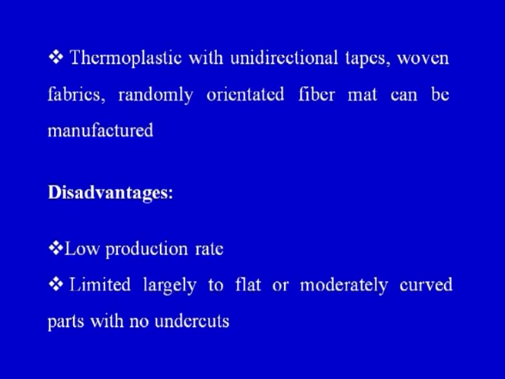So we have to see what the cycle time for making a single product is. It is limited largely to flat or moderately curved parts with no undercuts. So parts with undercuts are a limitation in compression molding, but certainly this process can be used for making parts which are flat or have fairly curved geometries. So these are some disadvantages related to compression molding.